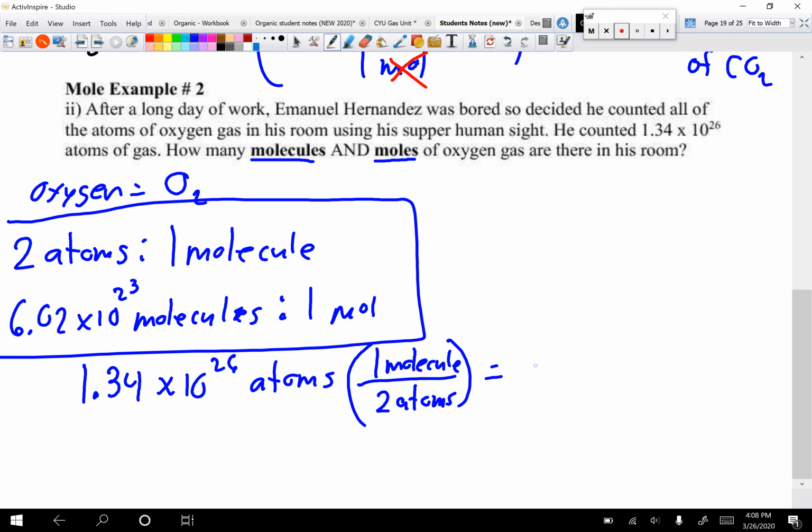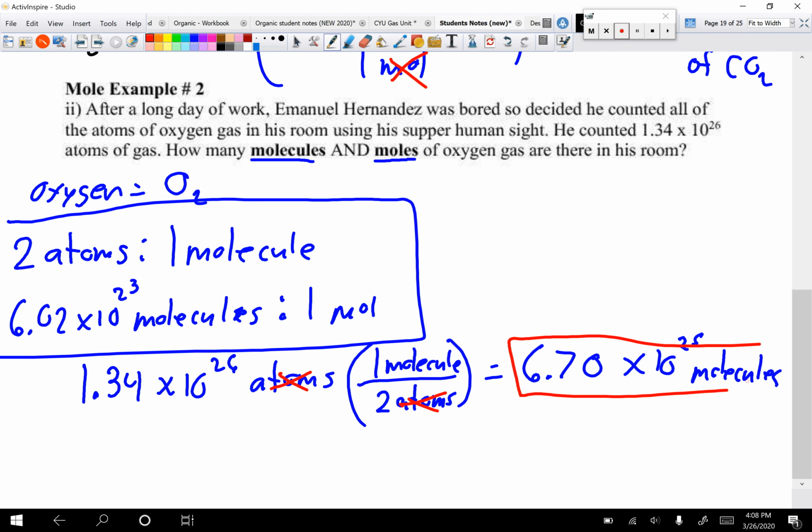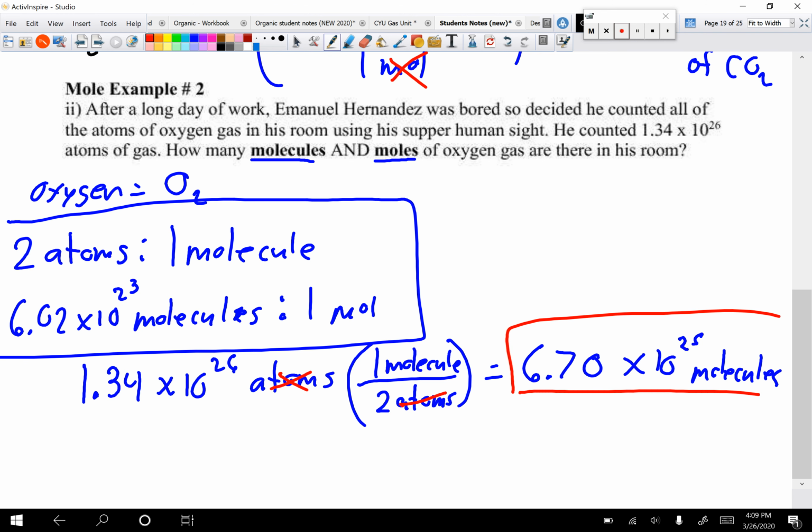And we get an answer of 6.70 times 10 to the 25 molecules. And the reason for that, the atoms cancel out. So that's our answer for part 1. So that's how many molecules.